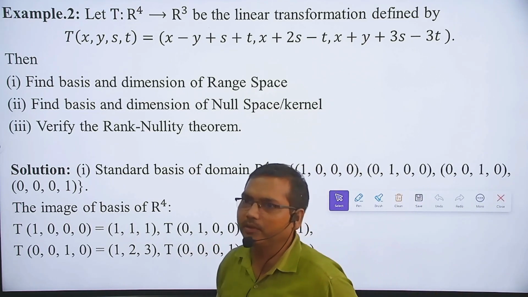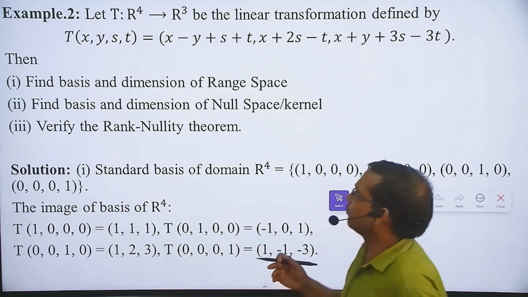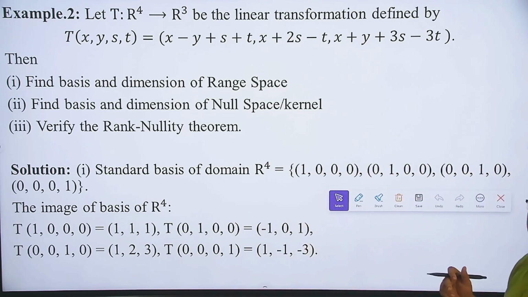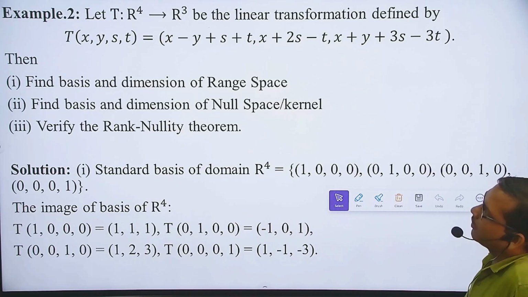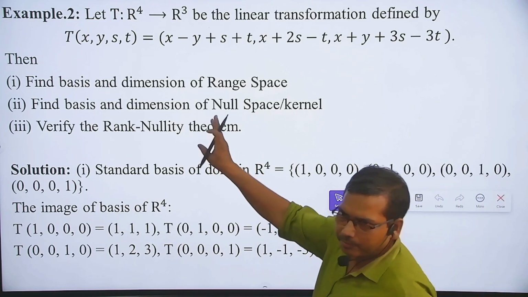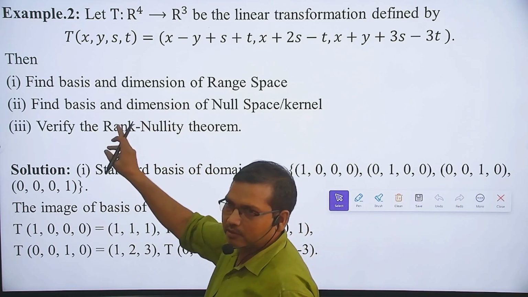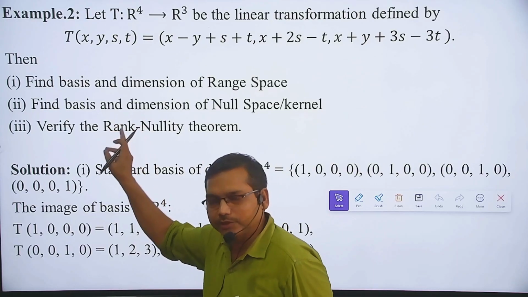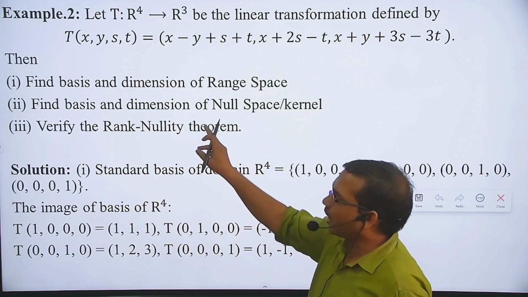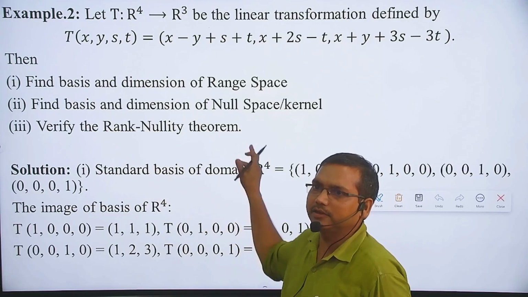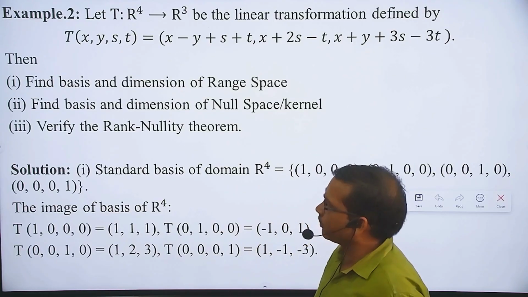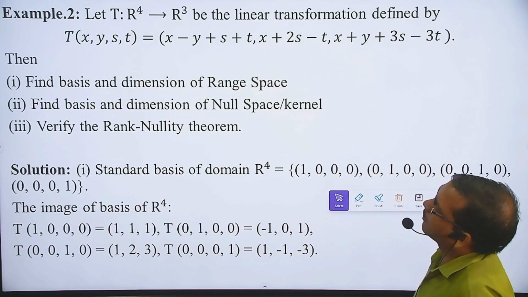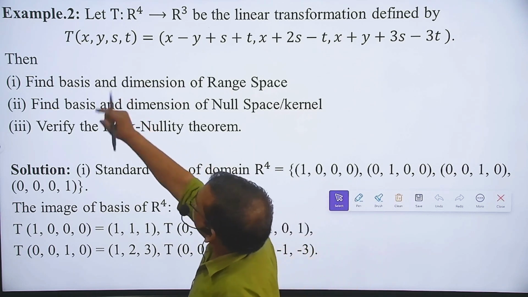In the first example we saw that a mapping is a linear transformation, and in this second example we will take a mapping and find the basis of the null space and range space, and also verify the rank nullity theorem, taking a finite-dimensional domain. We take example 2.